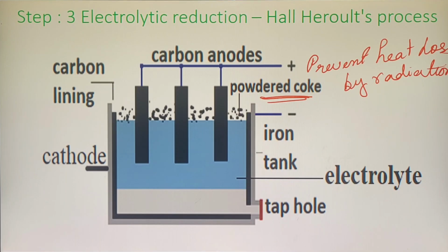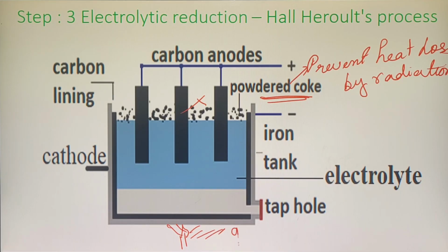So if they ask you to name this powdered substance X, Y or Z, whatever is sprinkled, it is nothing but powdered coke. Will you be able to give me the reason why that powdered coke is sprinkled on top of the electrolytic mixture? It has two functions. One of the functions is, I am heating the mixture, I need to maintain the temperature.